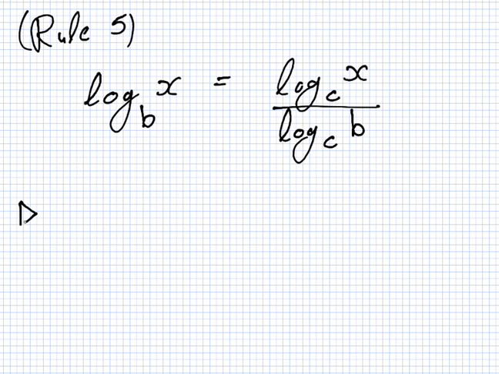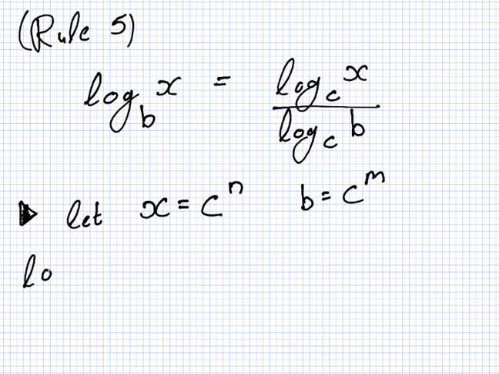Okay. So the proof, we can say let x equal c^n and b equal c^m. So then log bx would equal log c^m of c^n.